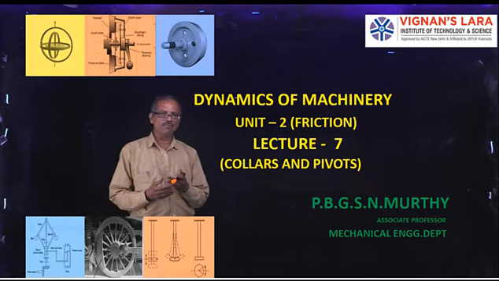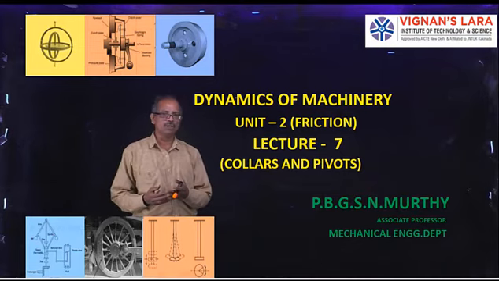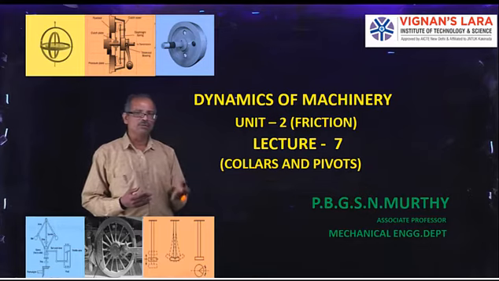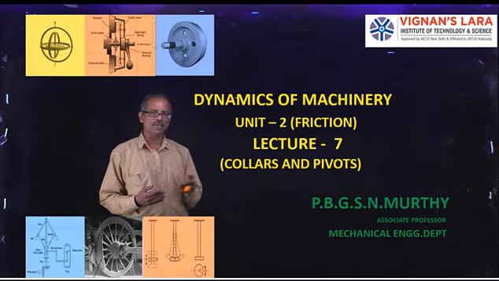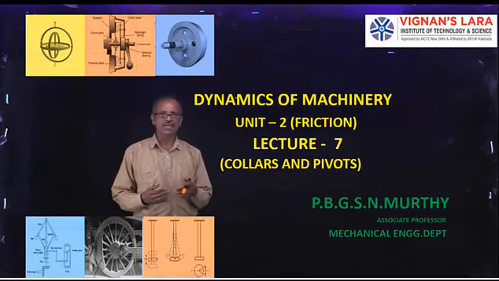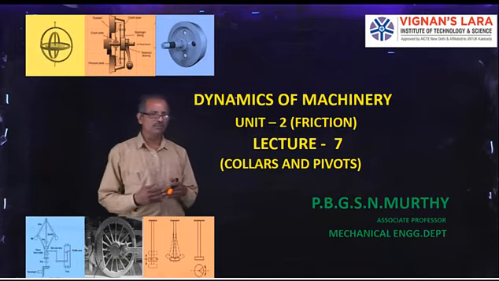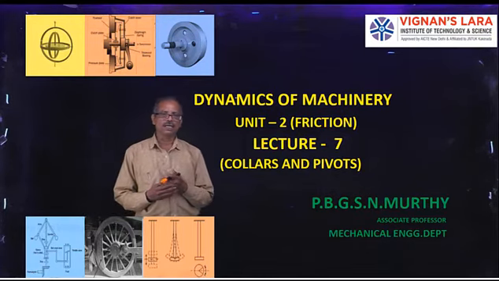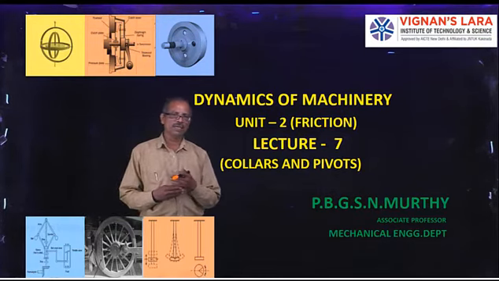These collars and pivots are a basic tool to design for the subsequent portion, that is your clutches, brakes and dynamometers. So first in today's lecture we'll discuss the background behind the collars and pivots, and the associated mathematical part.